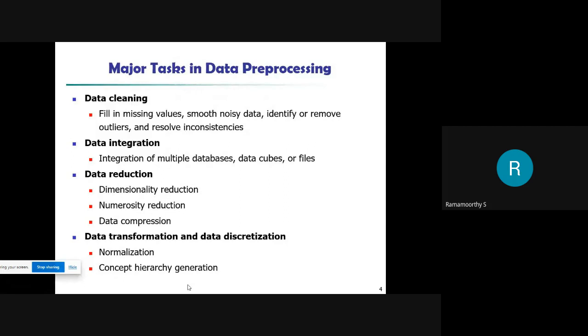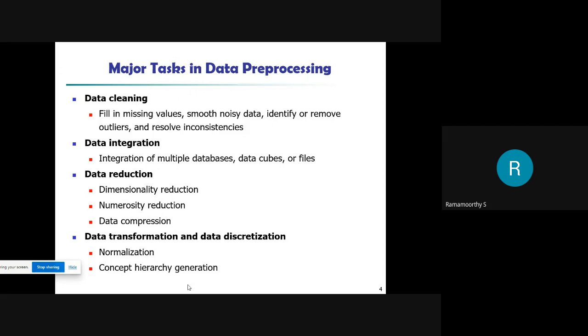And we are also collecting multiple files from the different sources. So everything needs to be grouped. It can be in the form of a data cube or files or data warehouse or multiple databases.